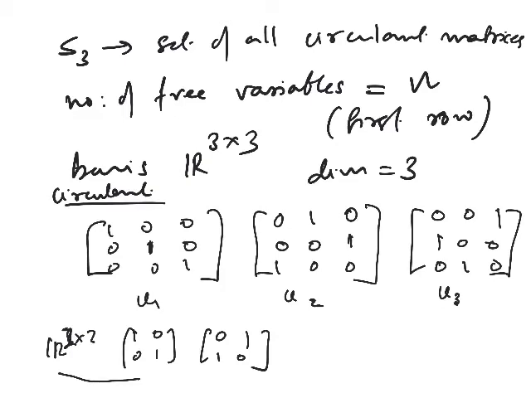A linear combination of basis elements. You take the coefficients and that forms an n tuple. So we saw that any n-dimensional vector space has a column vector representation. That n tuple representation comes because the basis is given to you. So once the basis is given, R2 cross 2 has a 4 tuple representation. Every element in R2 cross 2 gets represented as a 4 tuple. Yes or no?